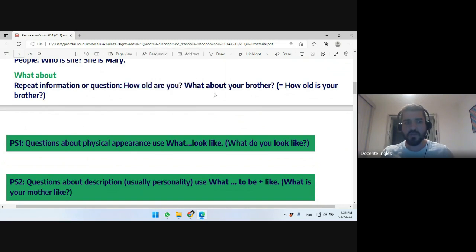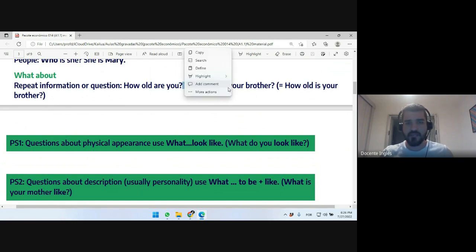So you are repeating the same question. How old are you? How old is your brother? When you don't want the repetition, we substitute the repeated part for what about.